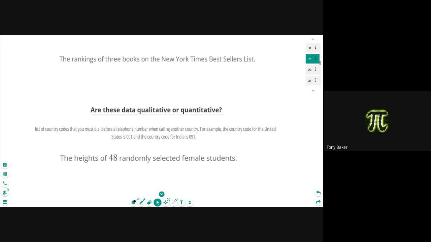However, me subtracting your phone number from your friend's phone number doesn't give me anything to use. However, if I subtracted your height from your friend's height, that number has meaning. So when we're looking at qualitative and quantitative, sometimes we have to look at, can we do a calculation on it? Does that calculation make sense? And that's the next thing we're going to look at.